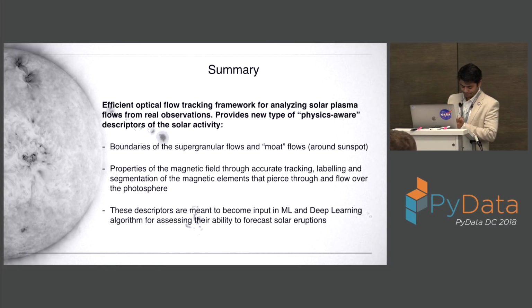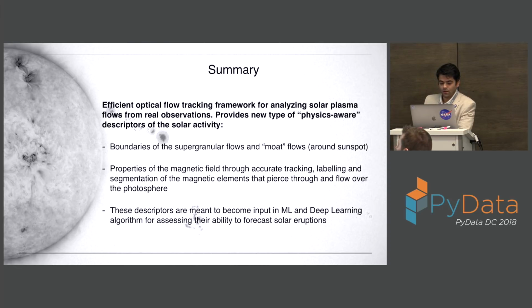So to summarize, I've shown you here examples written in Python of application of optical flow tracking algorithms for analyzing the solar plasma from real observations. And they provide us new descriptors of the solar activity. For example, the boundaries of supergranular flows and the flows around the sunspot, which is called a moat flow.